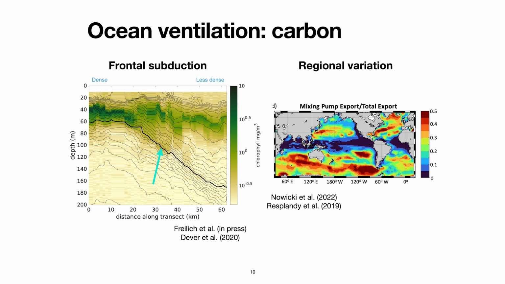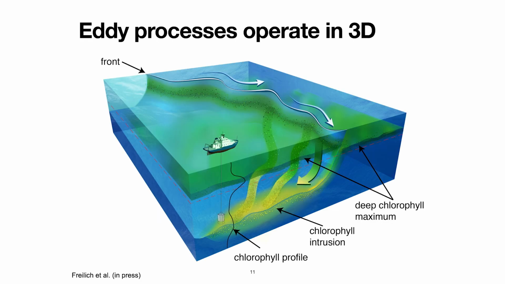And so we can build up this view where if you have a 1D profile, you see an inversion. But these eddy processes are really operating in 3 dimensions. And this is really critical when we think about climate change. So one of the ideas is if we have climate change, then we will have increased stratification of the surface ocean.